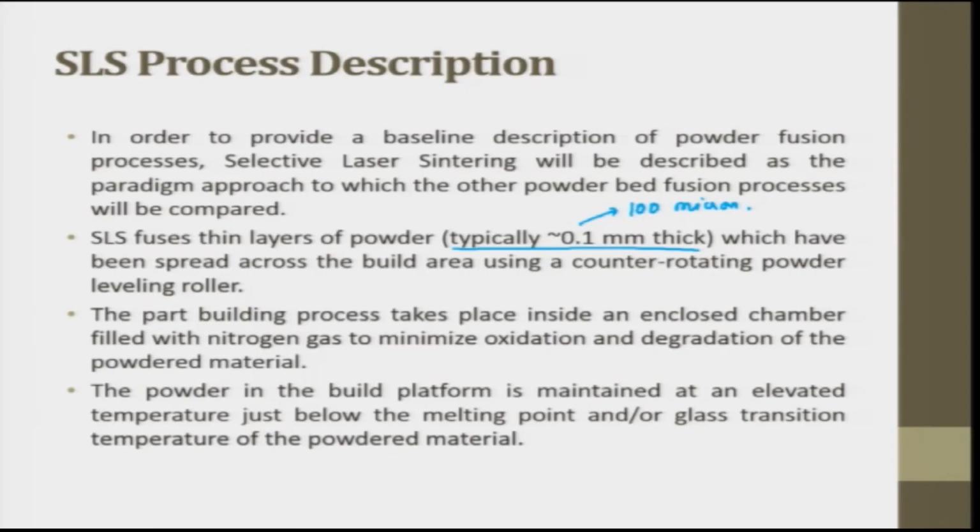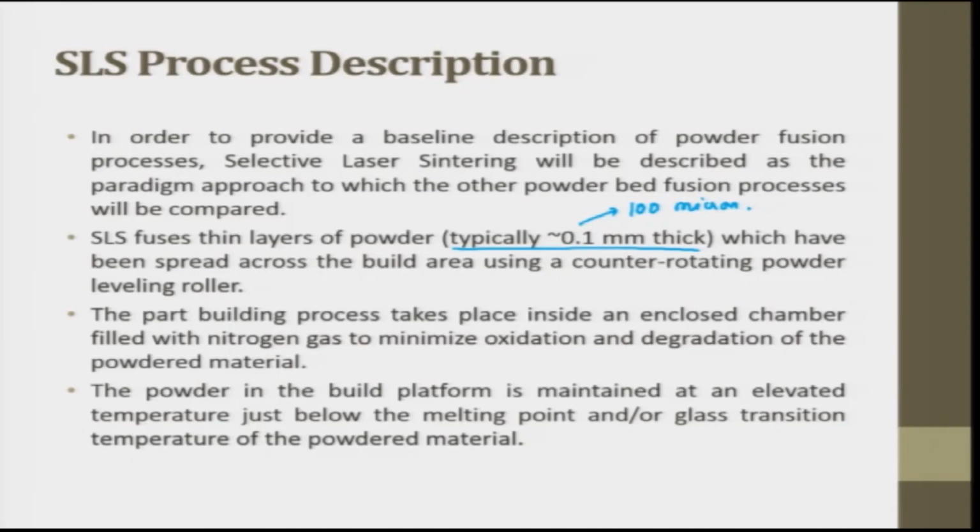The part building process takes place inside an enclosed chamber, whereas in the previous schematic diagram it was open. Generally we do it in an enclosed chamber, and in the enclosed chamber we maintain a temperature and fill it with nitrogen gas to minimize oxidation and degradation of the powder material. Whenever there is heat, oxidation easily happens.